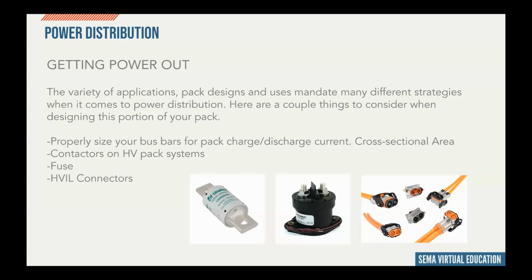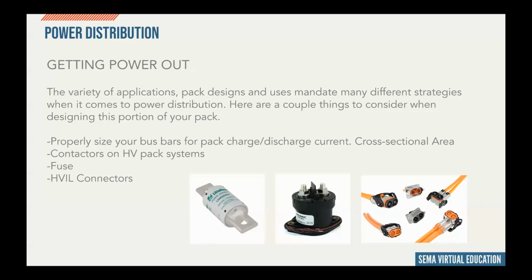So earlier in our definitions, we talked about HVIL, which is high voltage interlock. The high voltage interlock is a low voltage circuit that runs through all the components in a high voltage system and provides many different ways to interrupt that circuit to tell the system that it is unsafe, so that the contactor can't close and you can prevent high voltage from being available at the contactor or at the connectors.